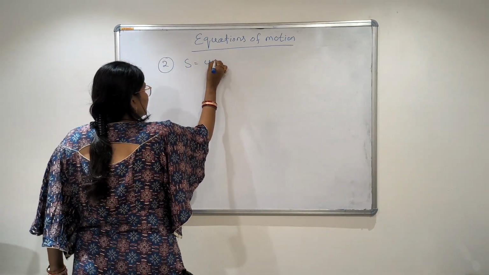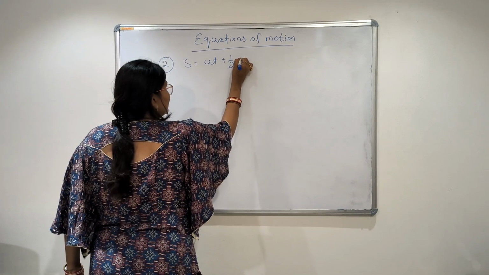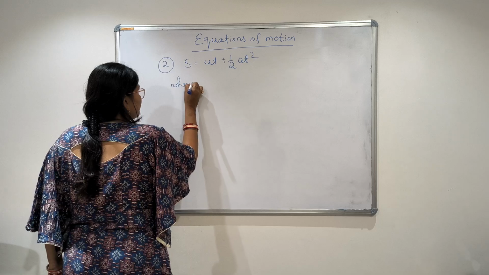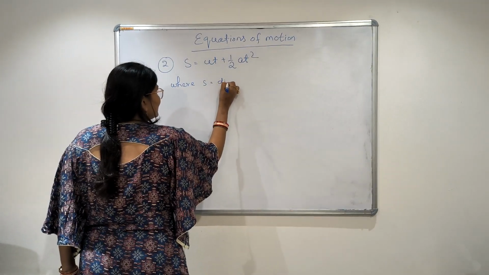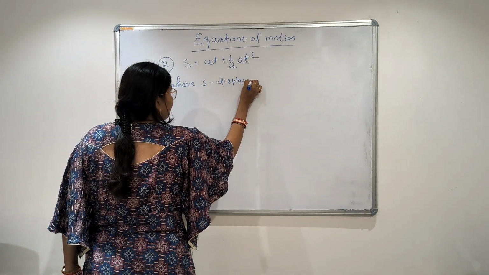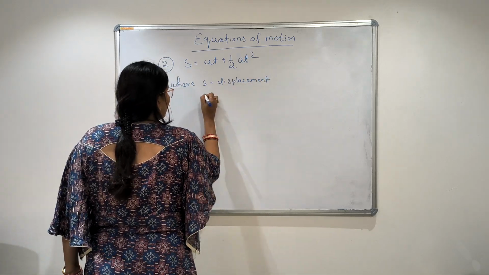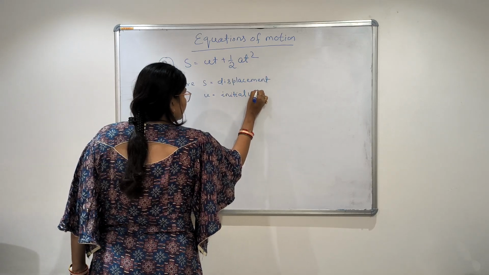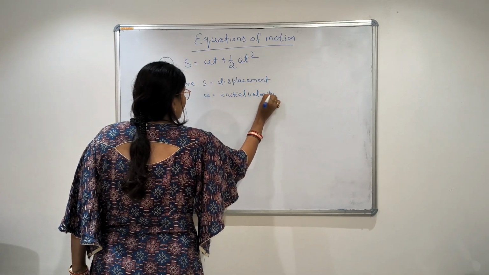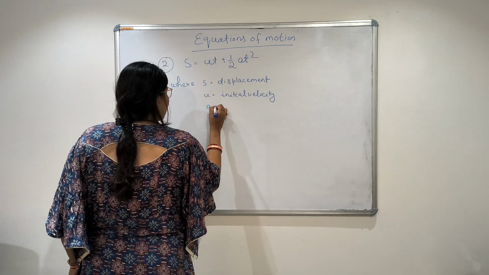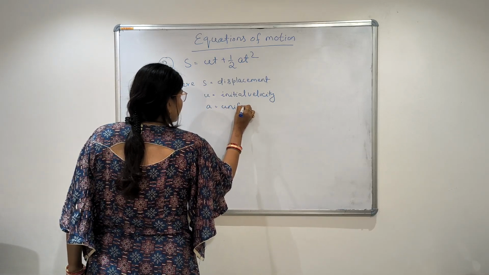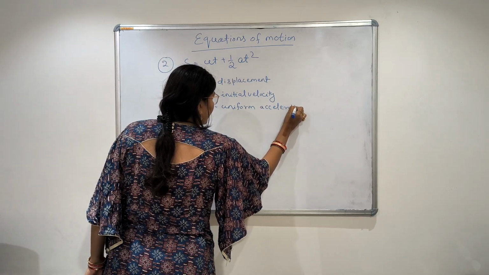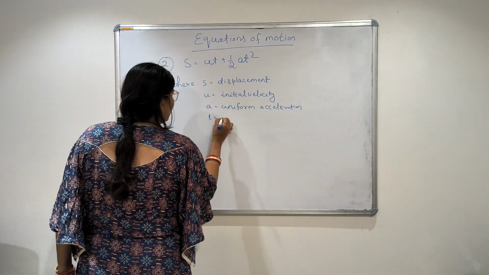S is equal to ut plus half at square, where S is equal to displacement, U is equal to initial velocity, A is equal to uniform acceleration, T is equal to time taken.